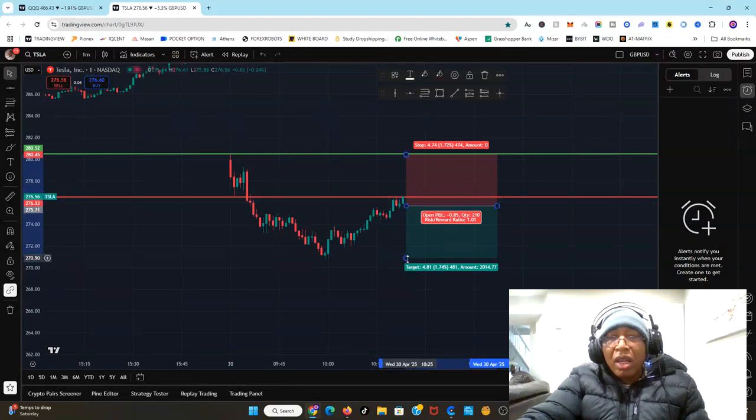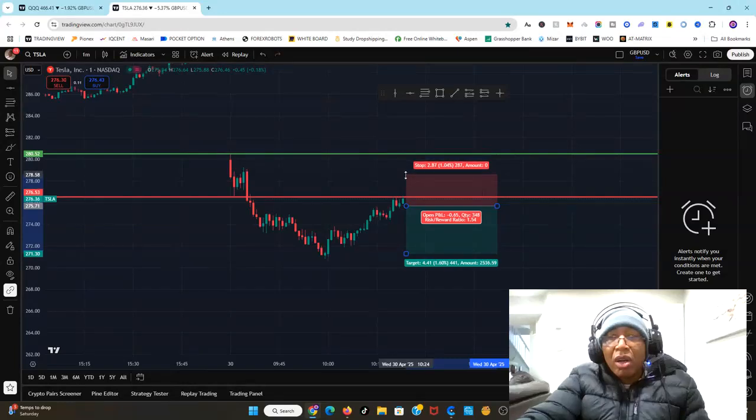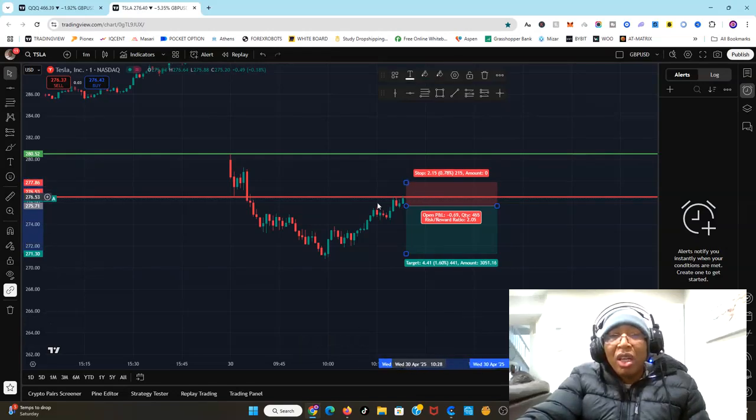And we have that there, and we can come right there, make it a 2R. It's almost 2R, there we go, right there. So there would be our stop loss. It's looking at that line over there. You can see what was going on here. So that's where we put our stop, and then we started there, and we're targeting this part here.